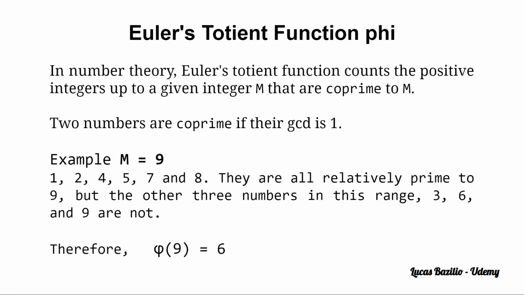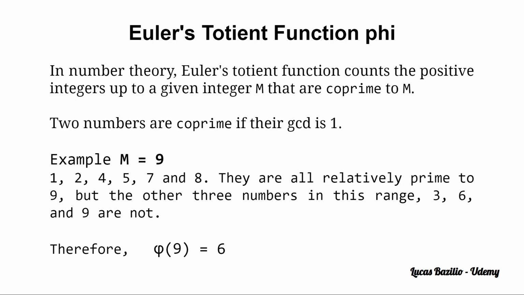In the same way, the greatest common divisor between 6 and 9 is 3, and the greatest common divisor between 9 and 9 is 9. If the greatest common divisor is not 1, then they are not coprime and not relatively prime. If we count how many numbers are coprime in this range, we have 1, 2, 3, 4, 5, 6. So the output of this function when m is 9 is 6, because there are 6 numbers between 1 and 9 that are coprime with 9.